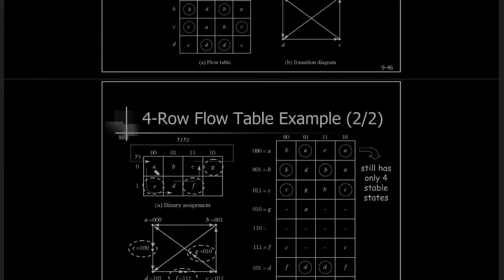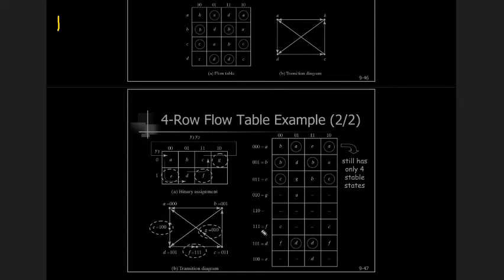So A is 000 and B is 001, and using this I have to form the flow table. To fill the flow table, I see the transition diagram. So the transition from A to D goes through E. So in the original flow table, here is the transition from A to D. I replace this D with state E, and for state E, the next state will be D. We direct this through a cycle.